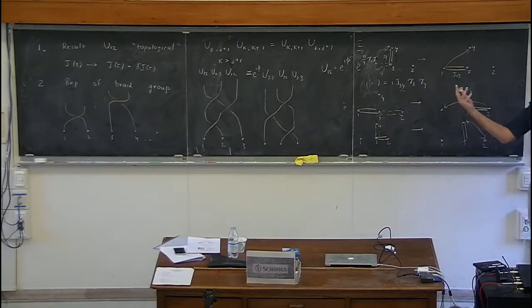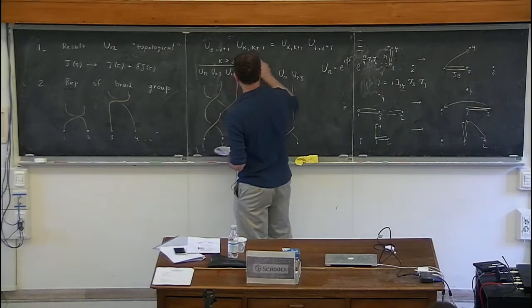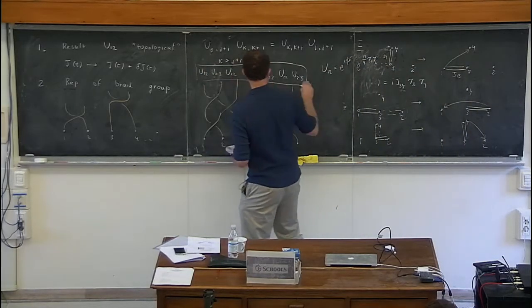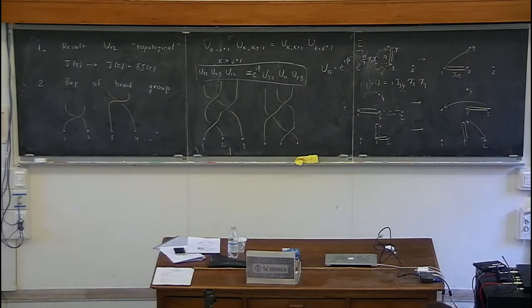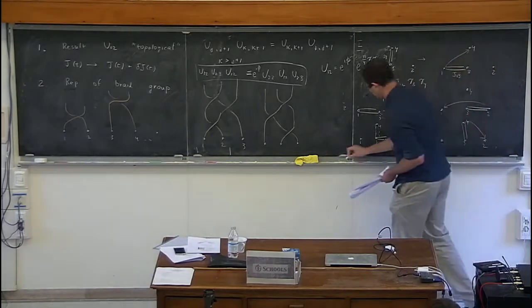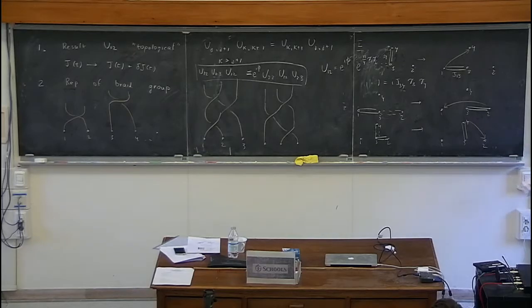The matrices are the same in the sense that they're proportional to each other, but there could be an overall phase. So this is sometimes called a projective representation of a group, which means that the matrices satisfy the group relations up to a phase. So using this discrete braiding of zero modes, what we really get is a projective representation of the braid group, not a real representation.